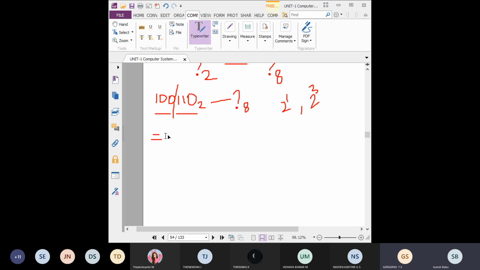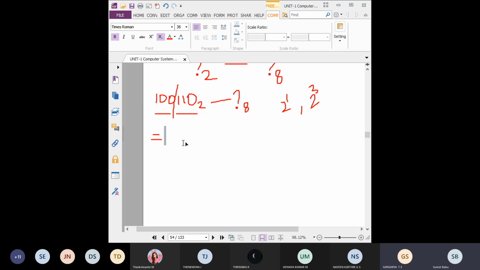So now I am going to use the same procedure we used in the previous conversion. So 1 into 2 power something, then add. Then the next value, 0 into 2, then again 0 into 2. Only 3 digits.